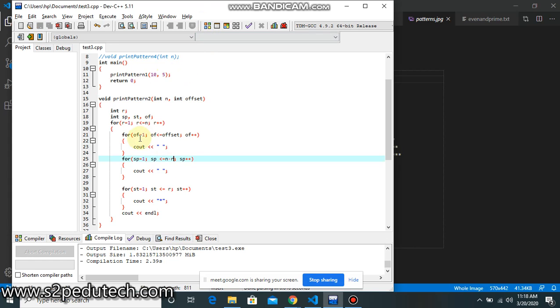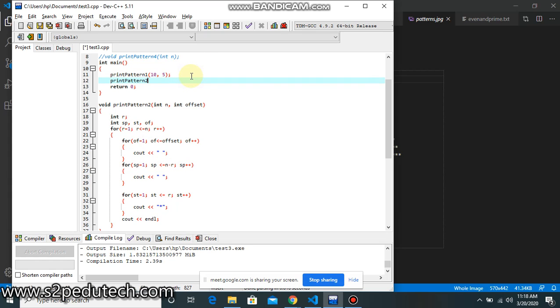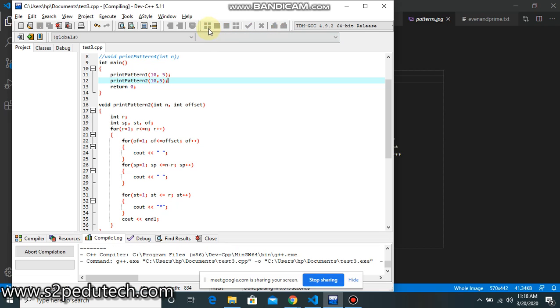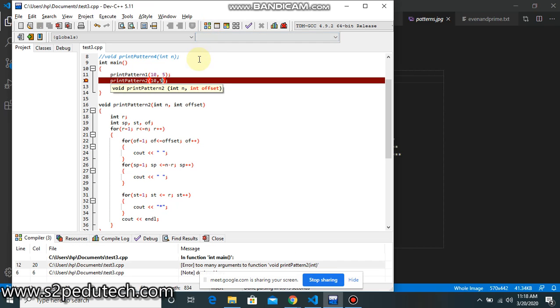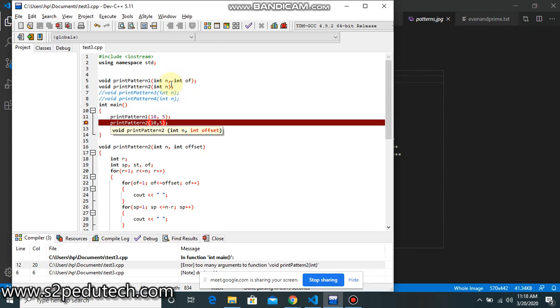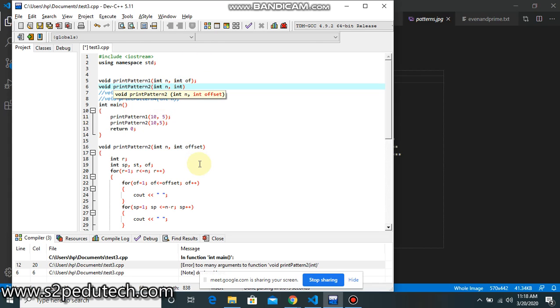I'll compile this, I'll again give 10 comma 5, so it will print in the next row. It is crying because it does not have an offset.